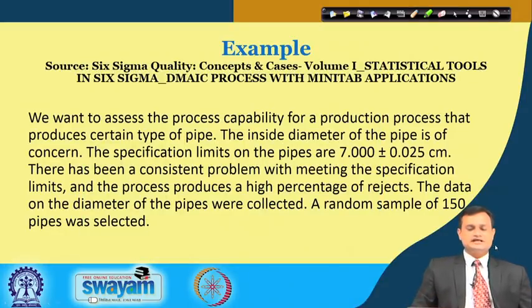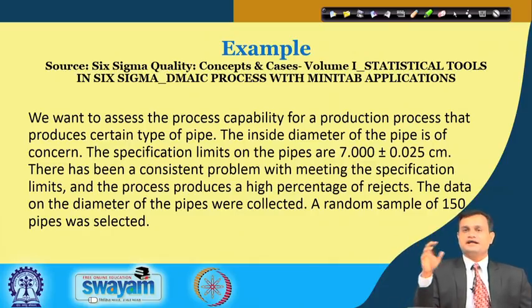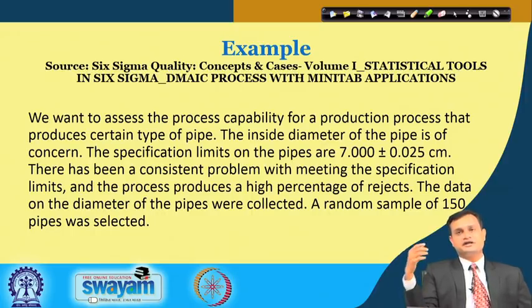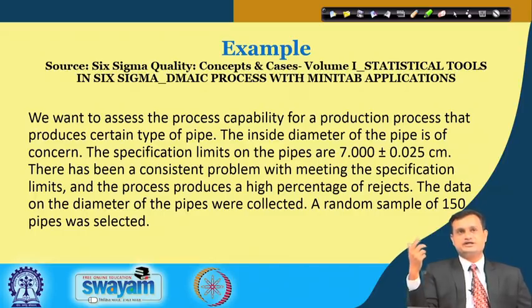So, just see the example here to strengthen your understanding. We want to assess the process capability for a production process that produces a certain type of pipe, and typically the inside diameter is the CTQ, critical to quality, the quality characteristic in which I am interested, and that is of concern.